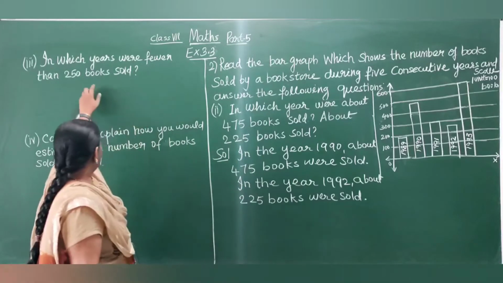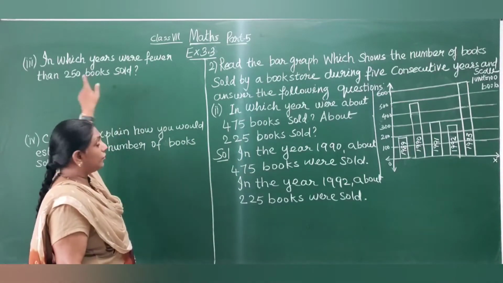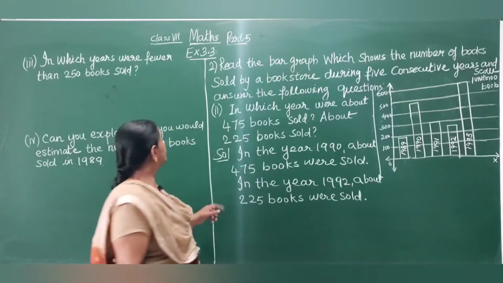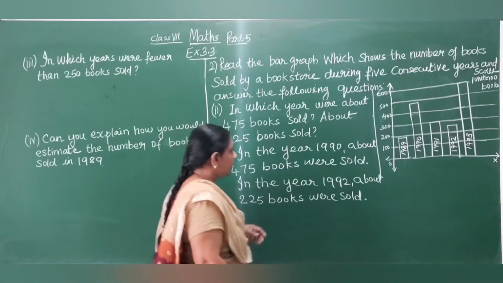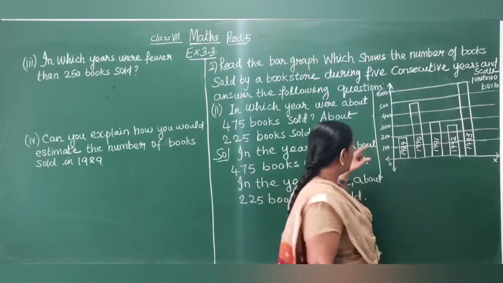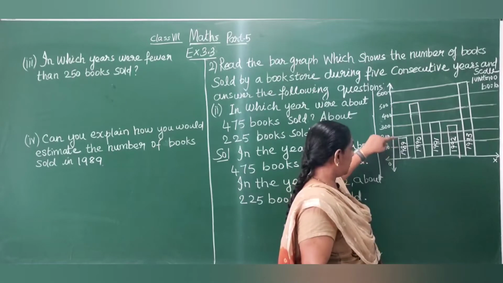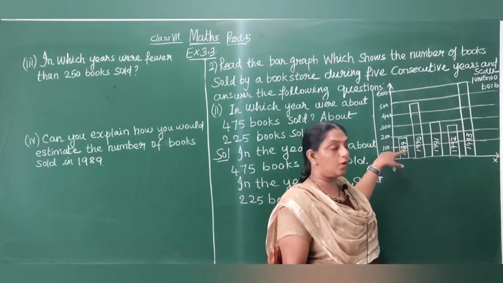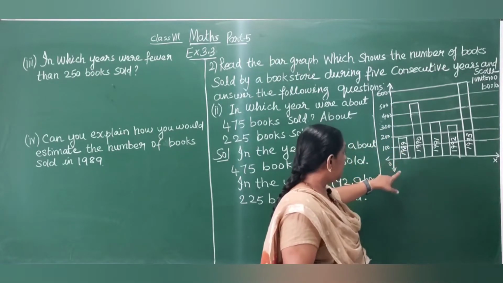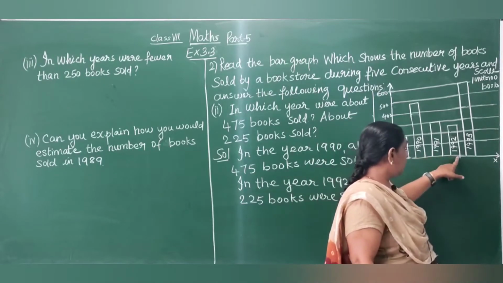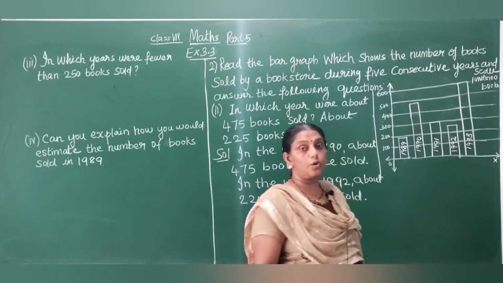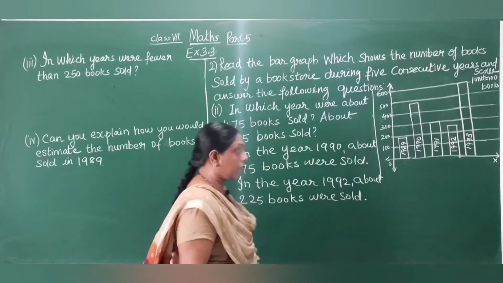Now question number 3. In which years were fewer than 250 books sold? In which years? Less than 250: 1989, about 180, is less than 200. And the next one is 1992, where only 230 books were sold.